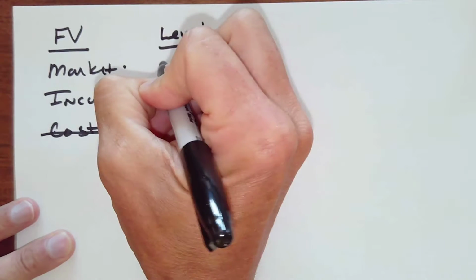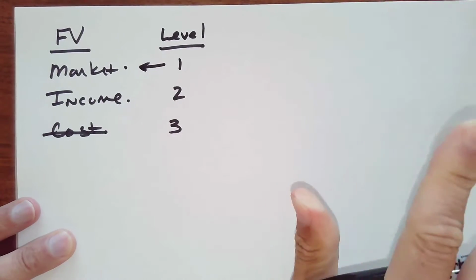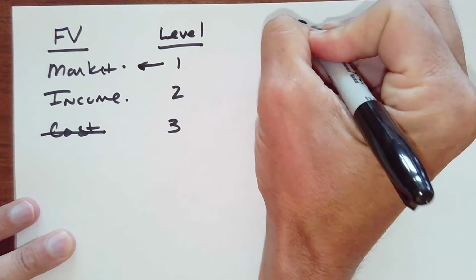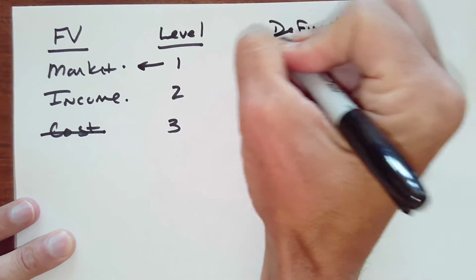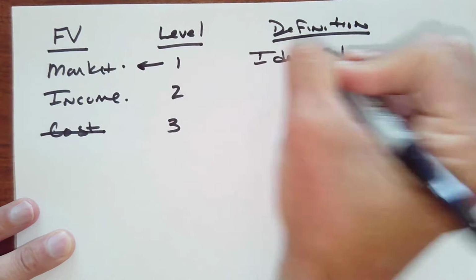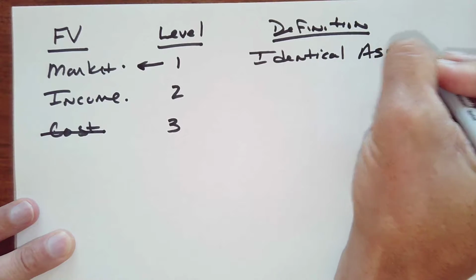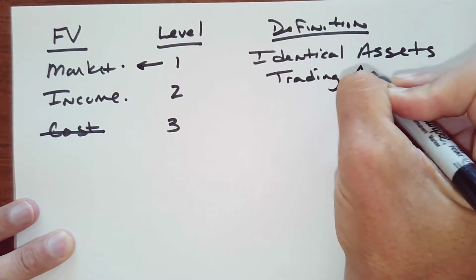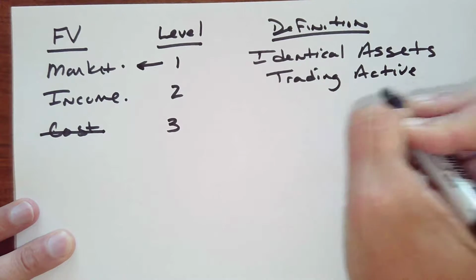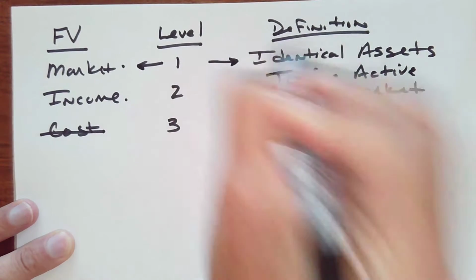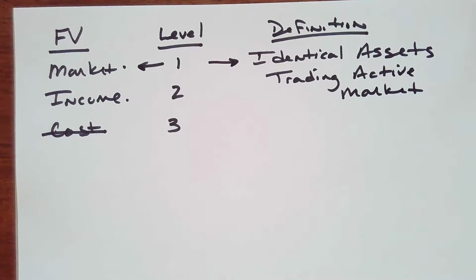Level 1 is always going to be a market approach. What level 1 is, is identical assets trading in an active market. Okay, that is a level 1 fair value. So if we think about our Apple option, we could look up that price.